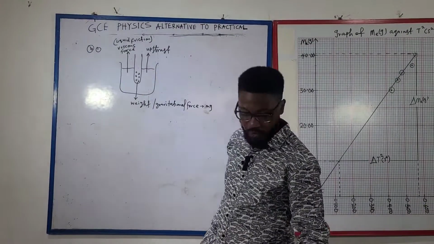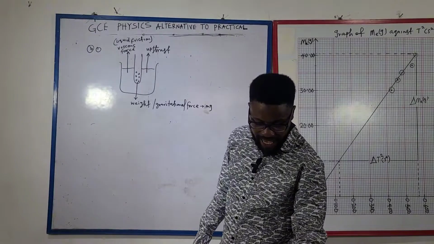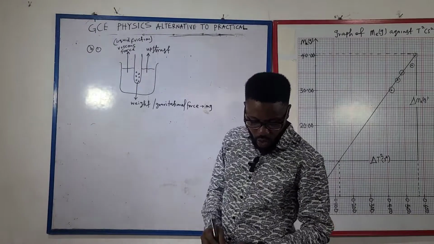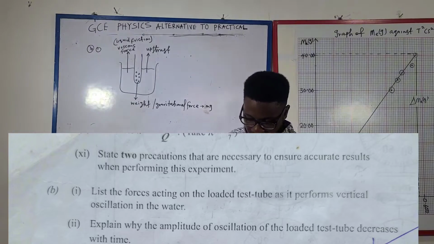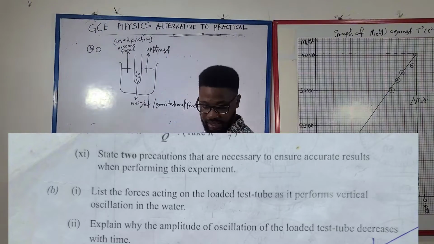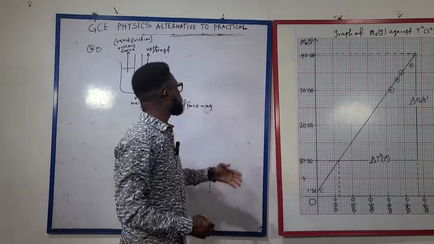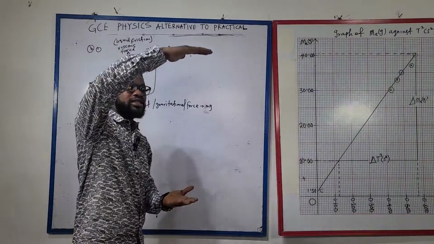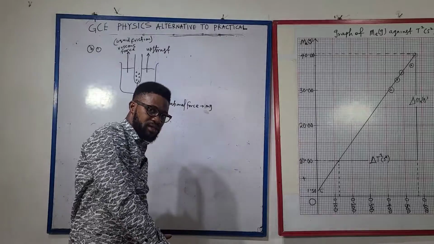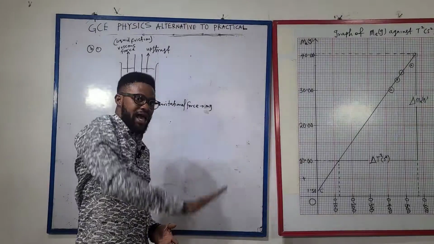And then B2, which is the last question for this: explain why the amplitude of the oscillation of the test tube decreases with time. Let me explain that. The moment we immerse the test tube first, you see the test tube goes down and up, down and up.